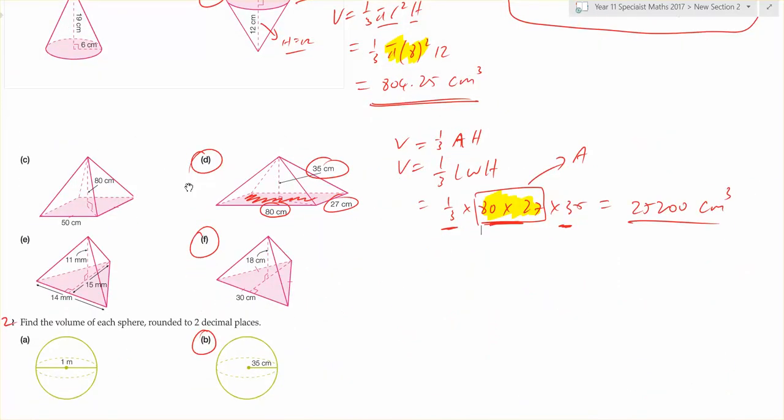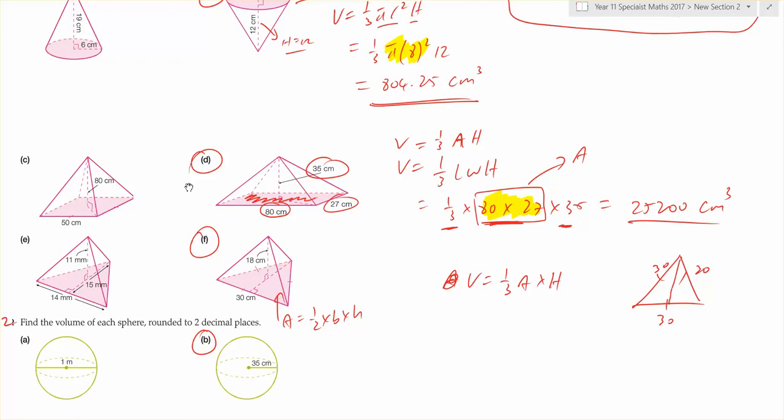For a triangular base pyramid, the volume of the shape is a third times the area of the base times the height. Let's draw the base triangle at the bottom: 30, 30, and 30.